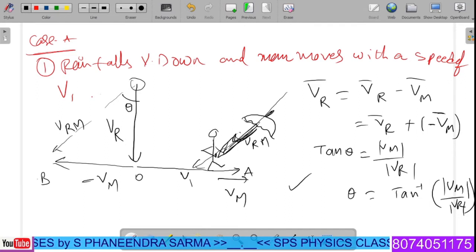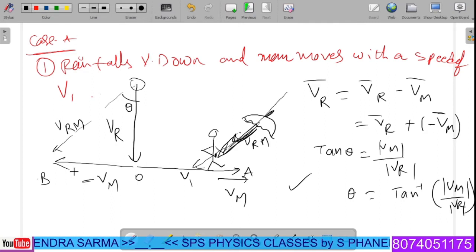Now the question is, suppose the person is moving towards the east, then he has to hold the umbrella towards the east. If the person is moving towards the south, then he has to hold the umbrella towards the south. Whatever direction he is moving, he has to hold the umbrella in that direction when rain falls vertically downward.